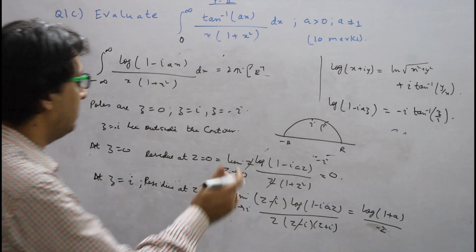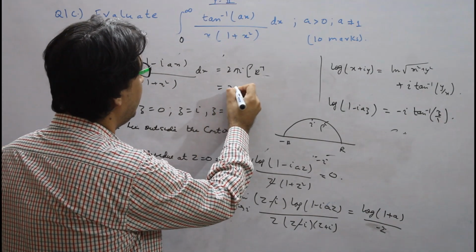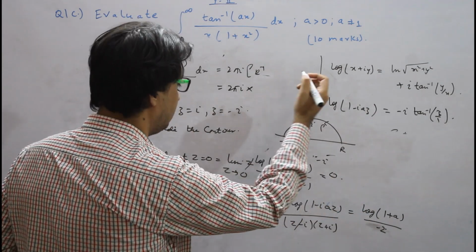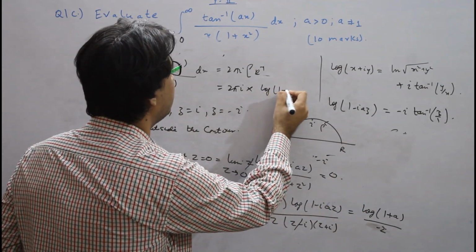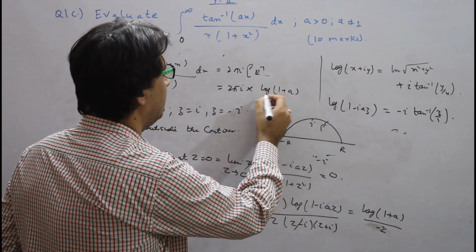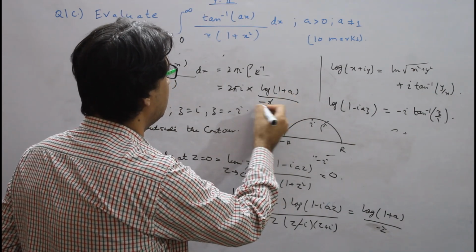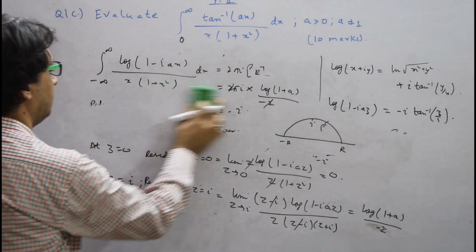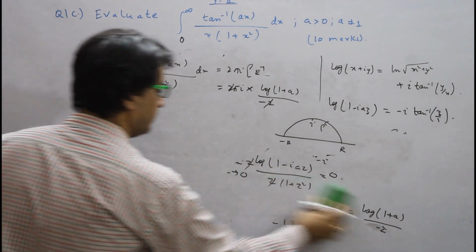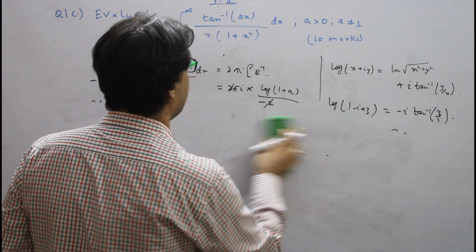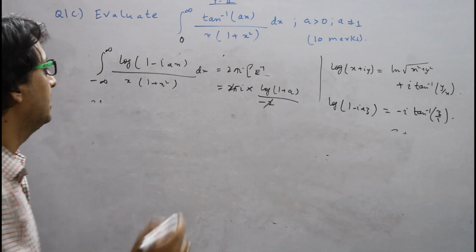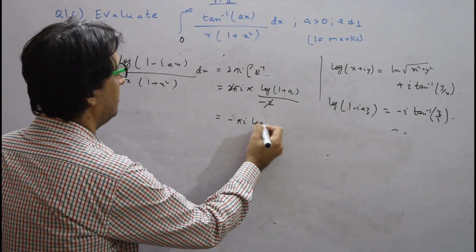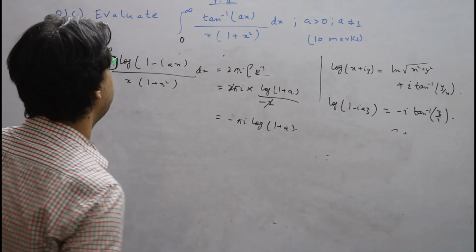Now we can write this as 2 pi i into, only concerned with this part, log of (1 plus a) divided by minus 2. So 2 will get cancelled, and we have got the value. This is minus pi i log of (1 plus a).